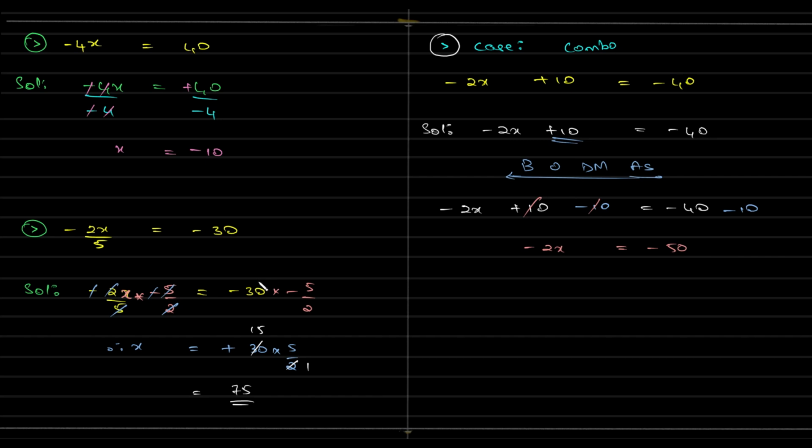Next is what? Addition, we can't do any addition over here. Multiplication, there's nothing to multiply. We need to divide. So we'll divide with negative 2. So negative is positive. 2 divided by 2 is 1. Negative divided by negative is positive. 50 by 2 is 25.